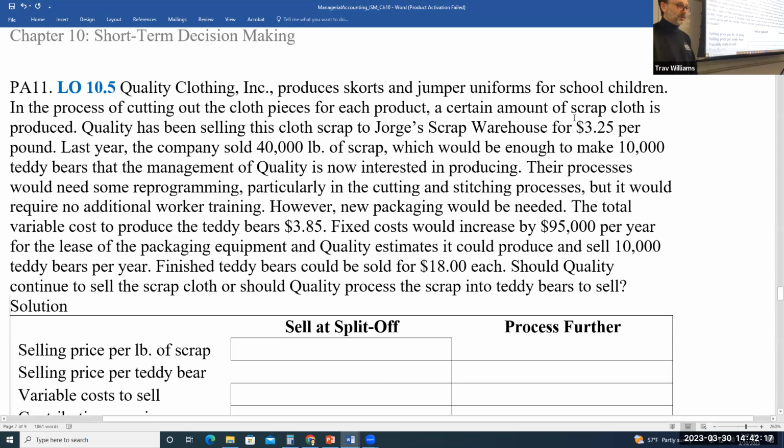And they have scrap cloth. So we've been selling the scrap cloth for $3.25 per pound. However, we could take our 40,000 pounds of scrap and we could make 10,000 teddy bears. So should we do that?